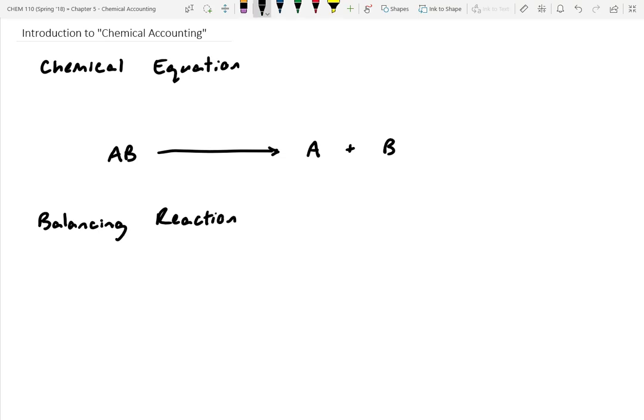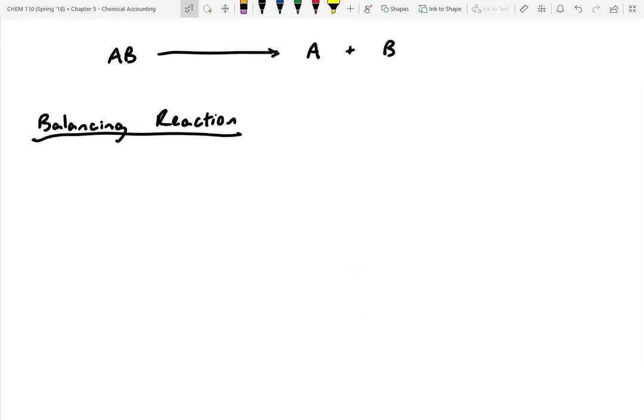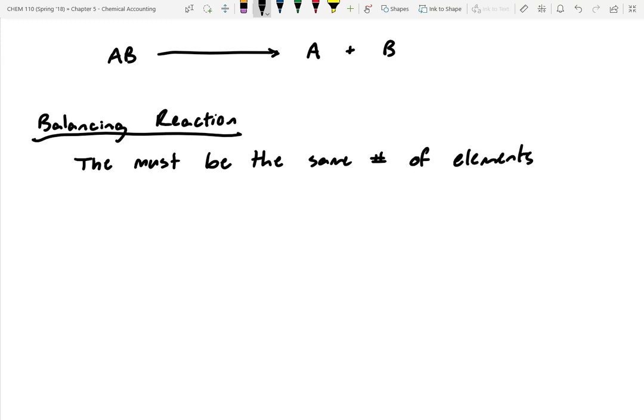And it takes a little bit of practice to get good at, so we're going to actually spend most of today just working through practice problems. And let's quickly define why we're doing this. There must be the same number of elements for the starting material side as the product side.